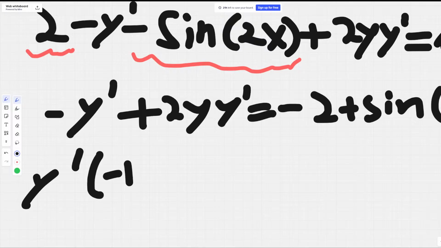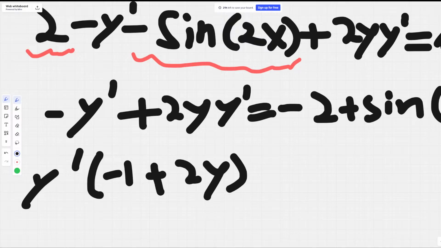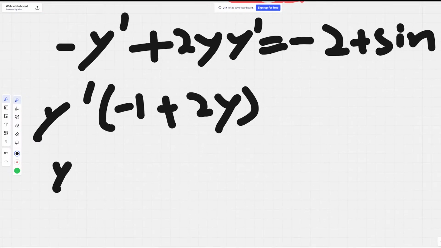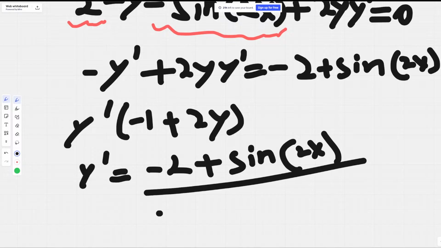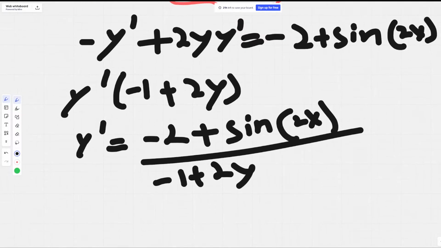Y prime negative 1 plus 2y, which will make y prime equals minus 2 plus sine 2x all over negative 1 plus 2y. Now I'll write the stuff in the paper.